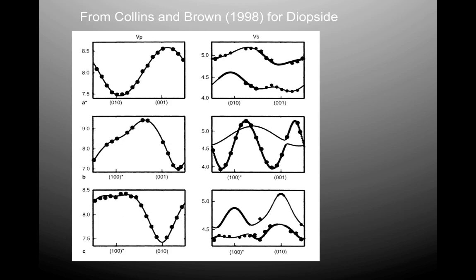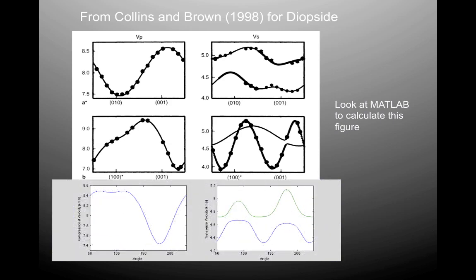On the left are the compressional velocities, and on the right are the shear wave velocities. Using the MATLAB function I provide, you'll be able to calculate these curves, and I'll show you an example. This is a curve you could calculate easily based on the set of elastic constants published there, and I've just superimposed it on what we put in the publication.